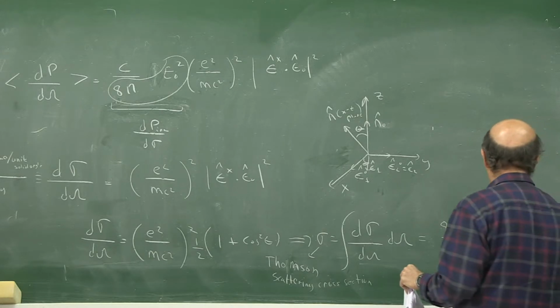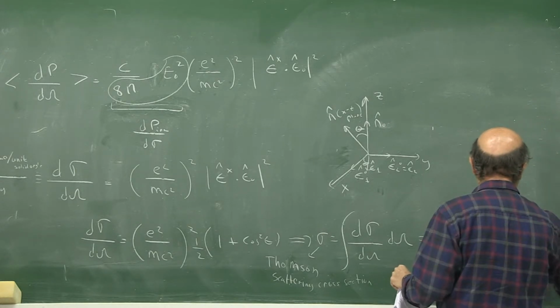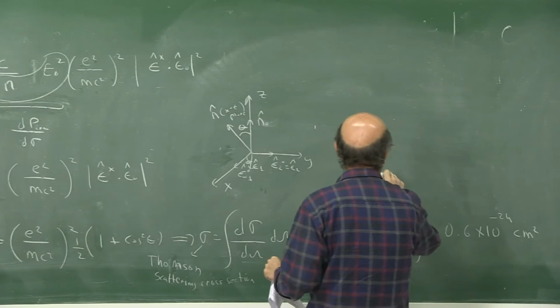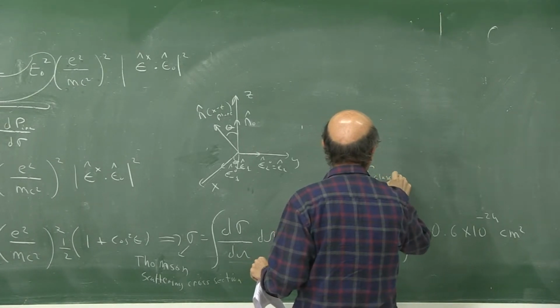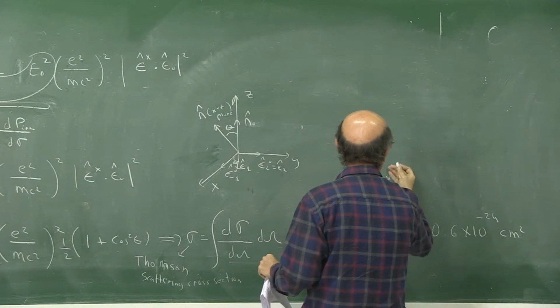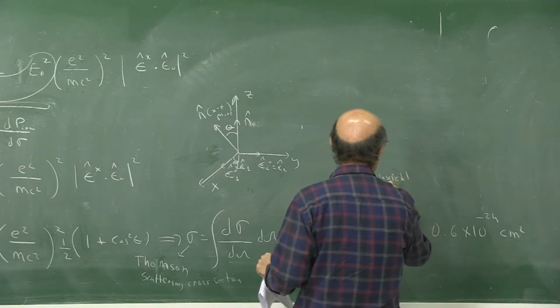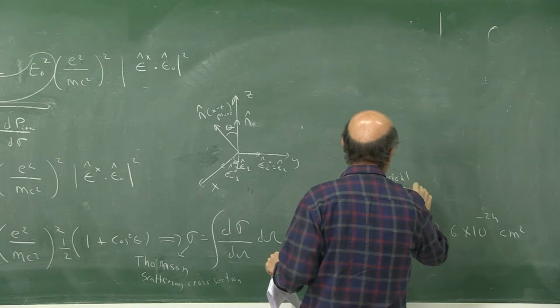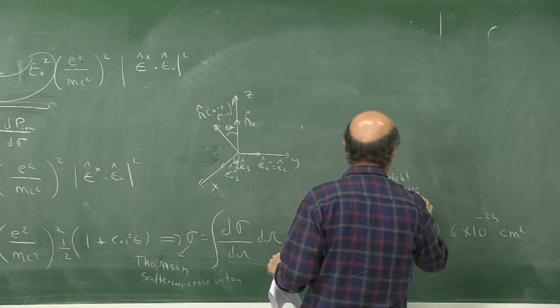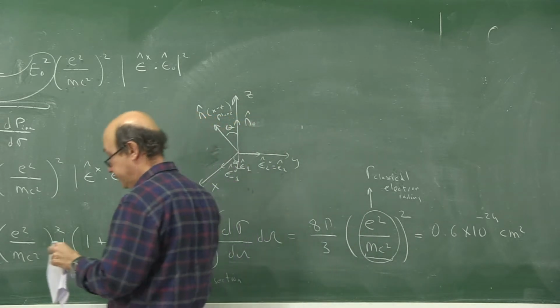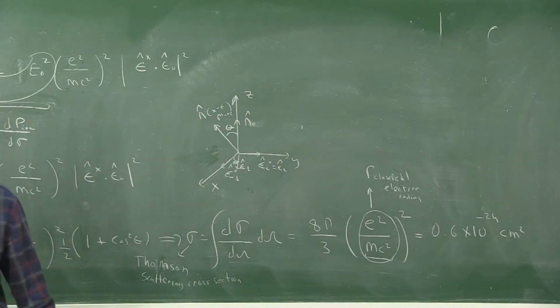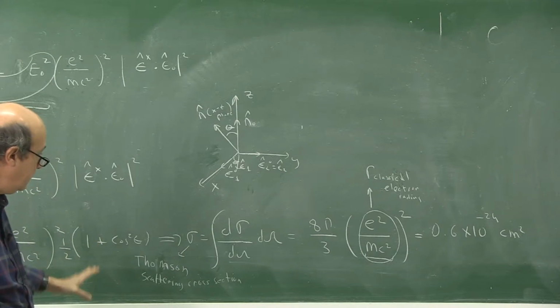This whole stuff here is of the order of the classical electron radius, and this is the square. So basically, Thomson scattering is important.